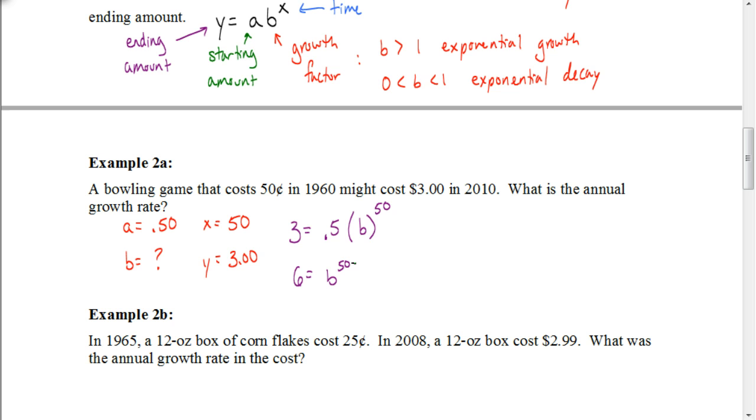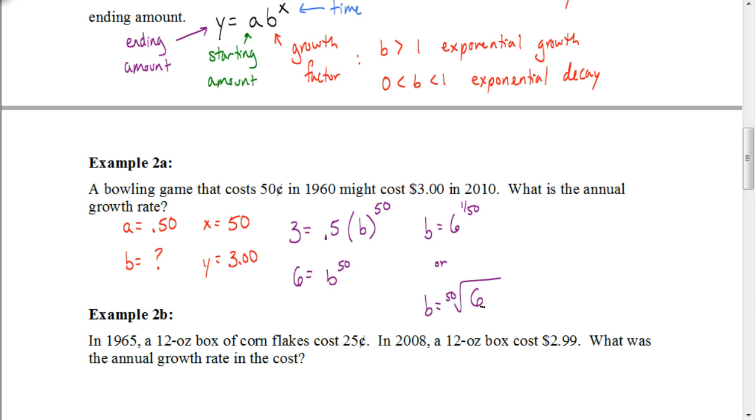My goal is to get b by itself here. There are 2 different ways I could figure out what b is. I could raise each side to the 1 over 50th power, or I could take the 50th root of both sides.